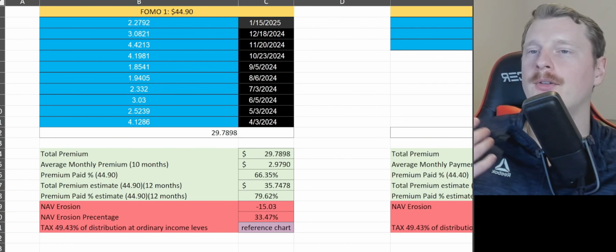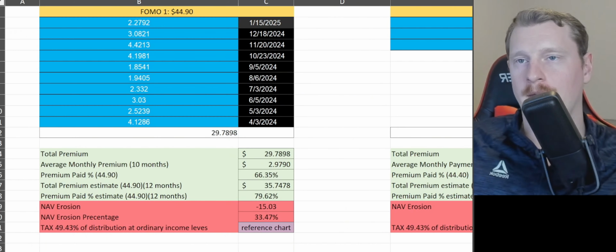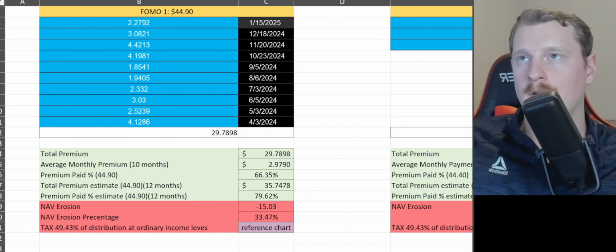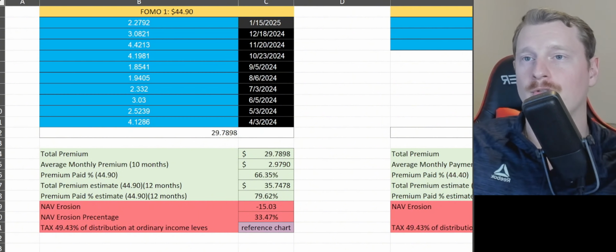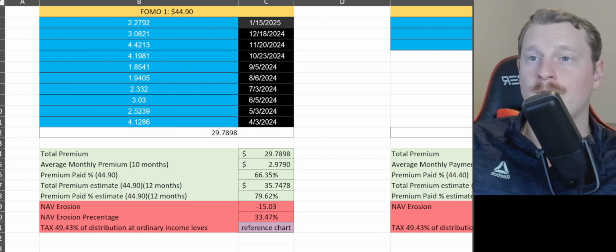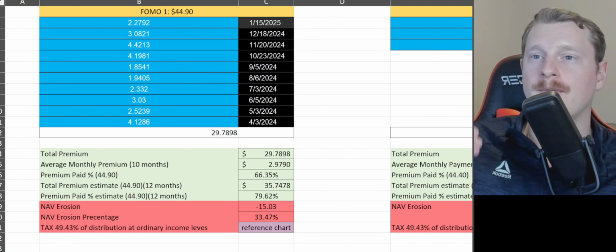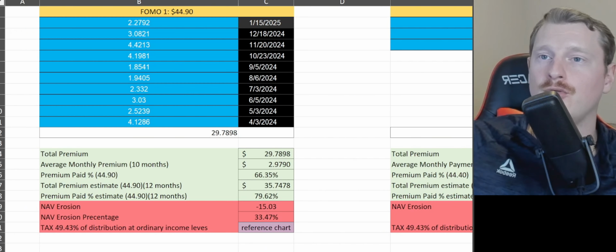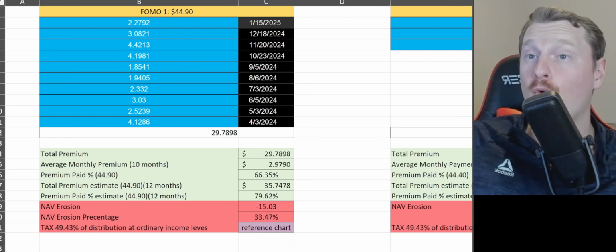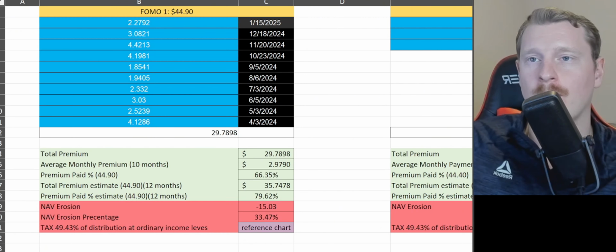And so the way I calculate this in my videos is because of NAV erosion, because you're getting such a high premium from YieldMax, you have to reinvest or pull some of that money aside so that you don't lose your initial investment, right? So if we anticipate retiring on this, we don't really want to reinvest into it, but for you to not lose your initial investment, you might have to do that, right? So either pull that money off the side or you reinvest it so that you can get more shares and they make more premium and kind of continue that wheel strategy, right?